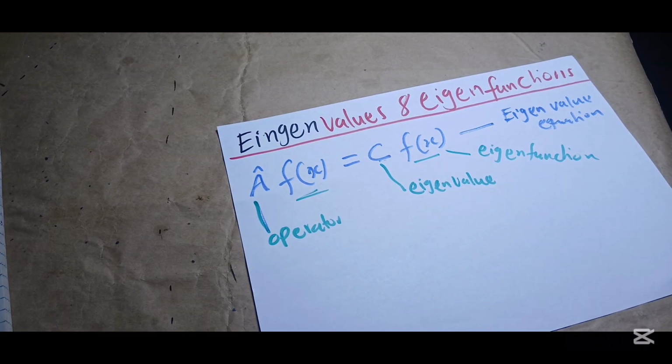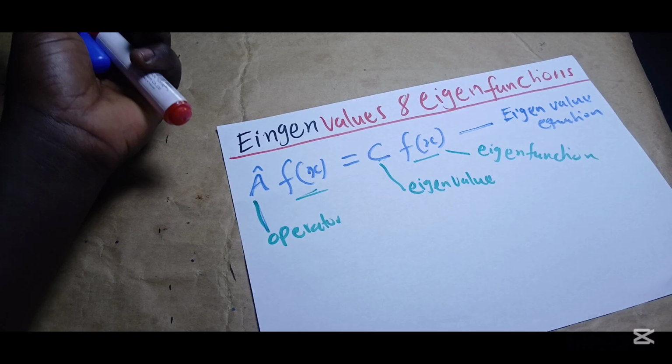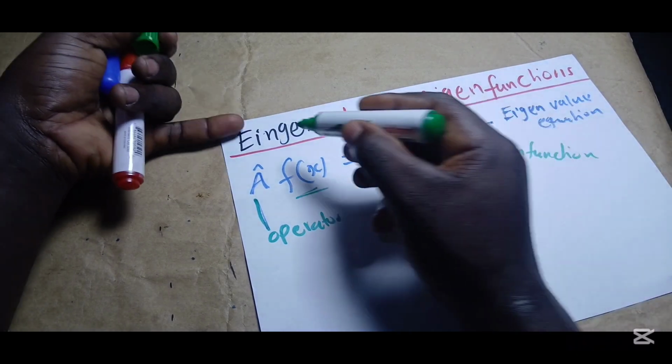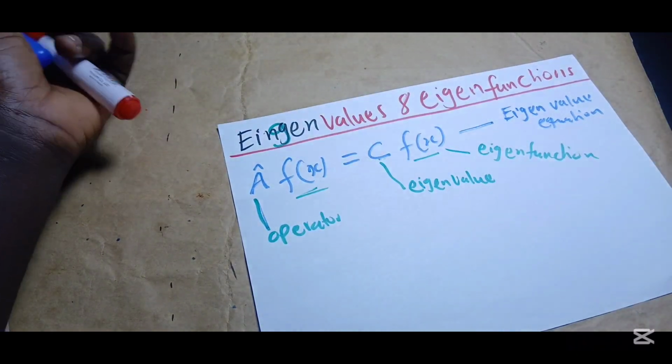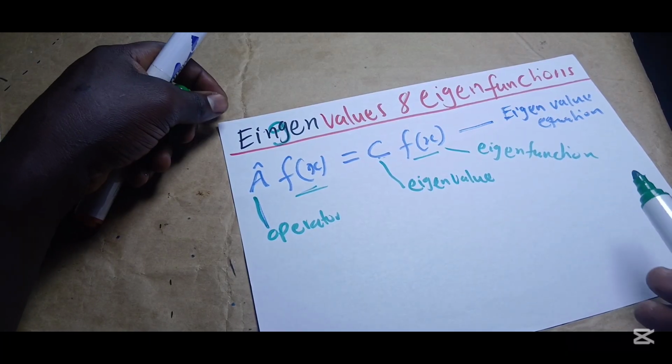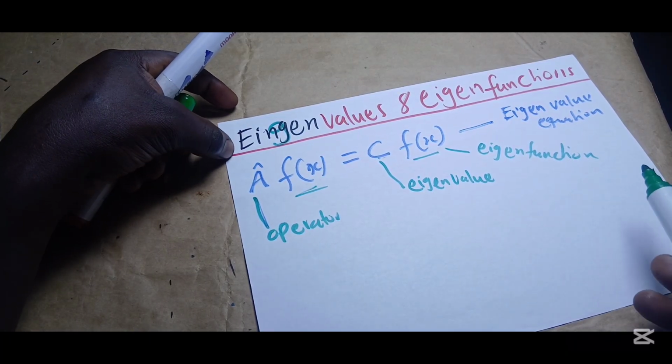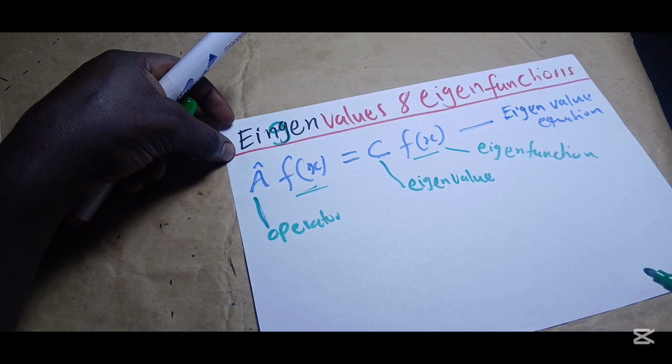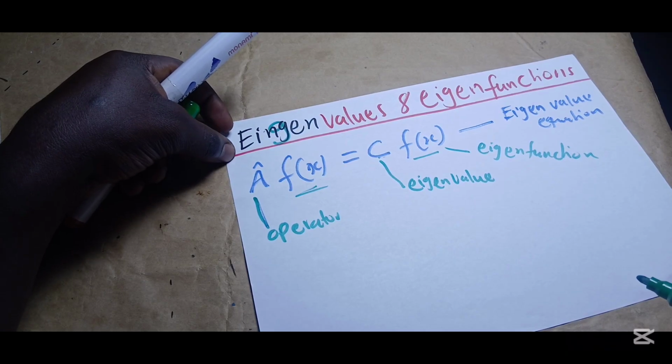We would be using these terms, that is why I initially defined them. In quantum mechanics, we are dealing with operators because extracting information from a given wave function is not straightforward.